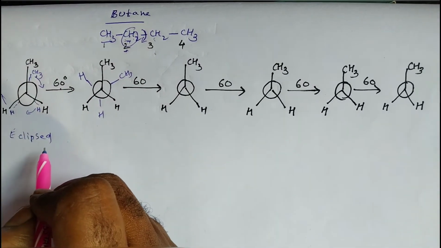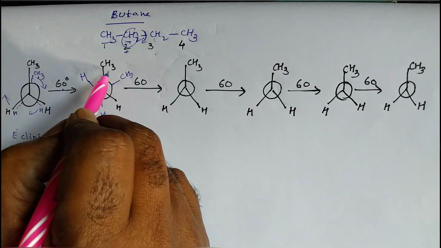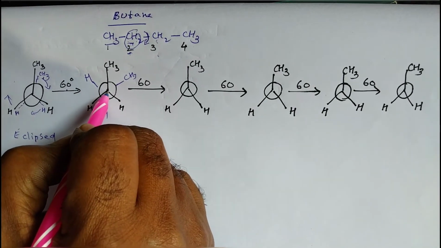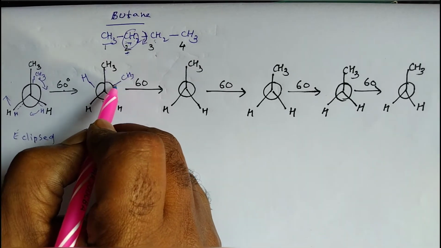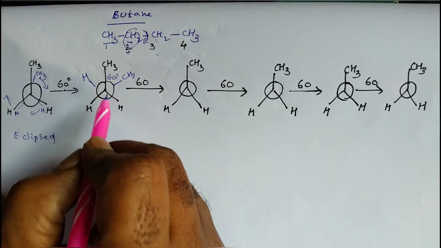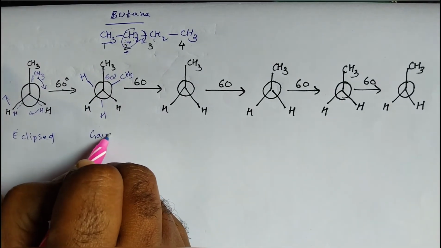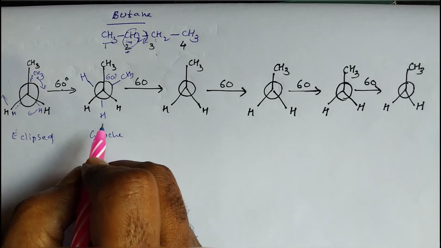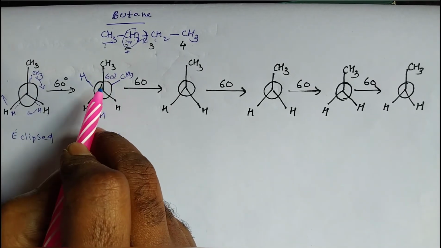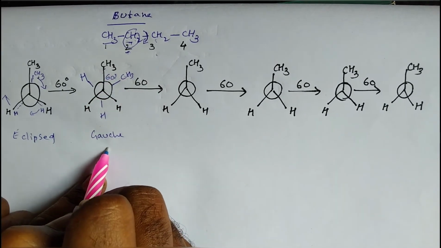Now if you see here, while rotating by 60 degrees, the angle between this carbon's methyl group and this carbon's methyl group is 60 degrees. Such rotation is called gauche rotation, where the dihedral angle between these two methyl groups is 60 degrees.